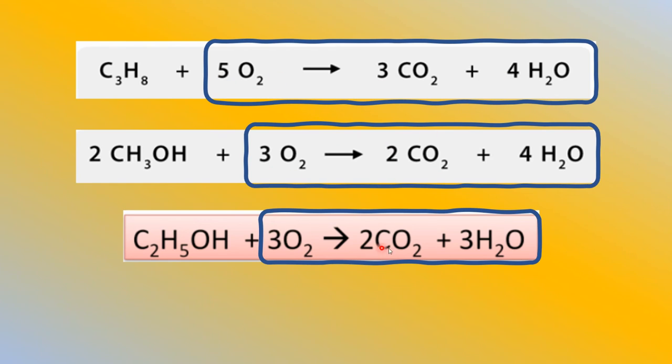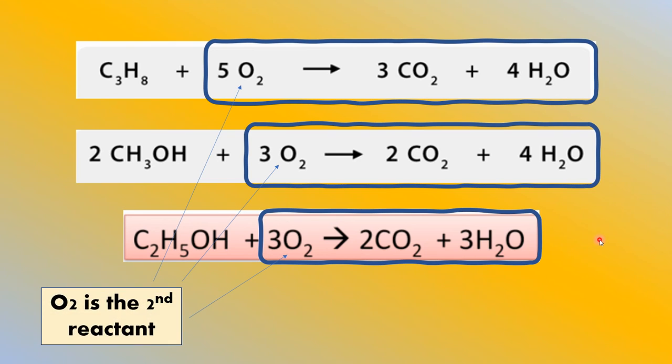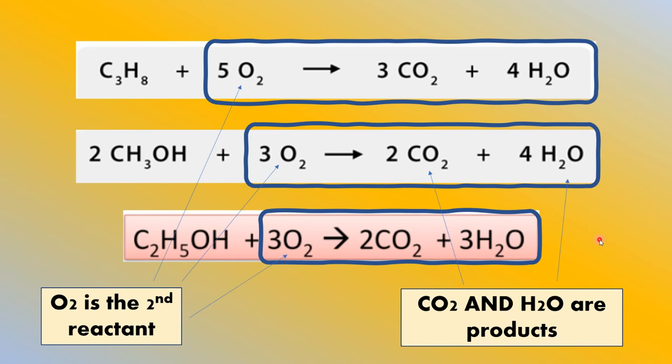So the coefficients are different, but the compounds themselves are the same: O2, CO2, and H2O. So O2 is always going to be the second reactant in a combustion reaction. And on the product side, you're always going to see CO2 and H2O as products, not just one. They must both be present for this to be combustion.